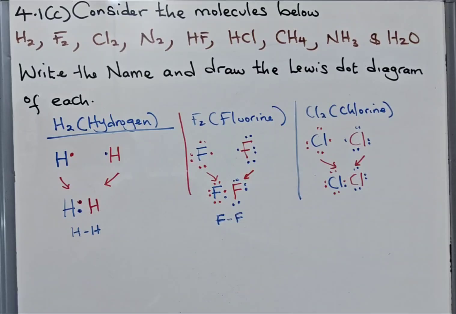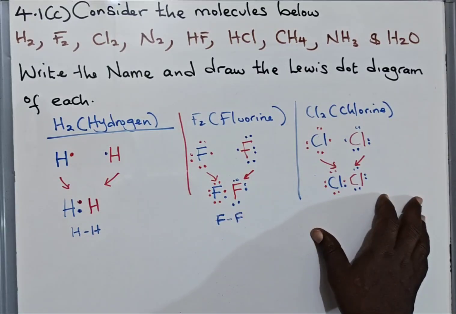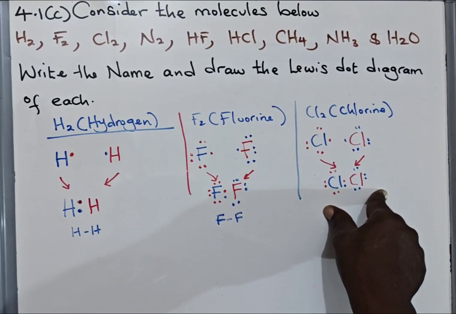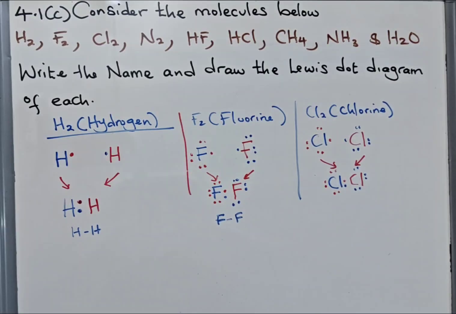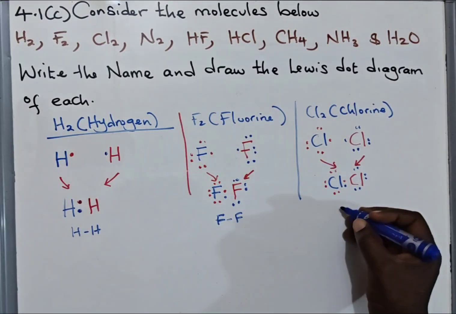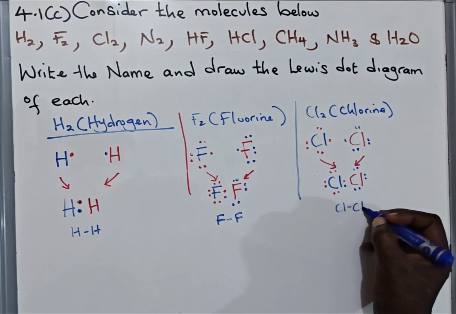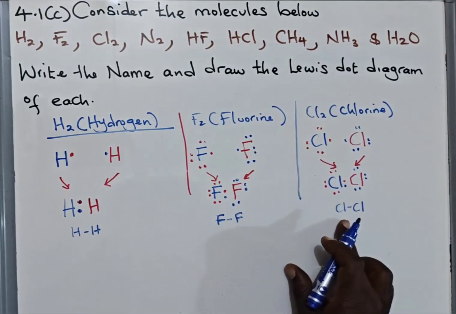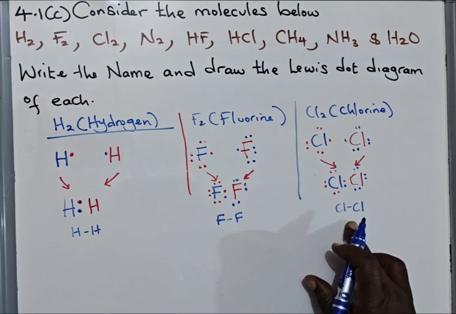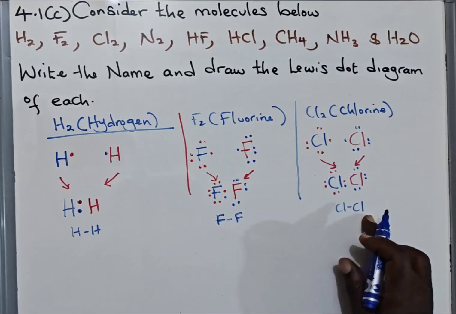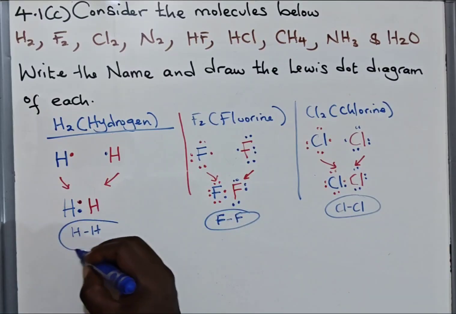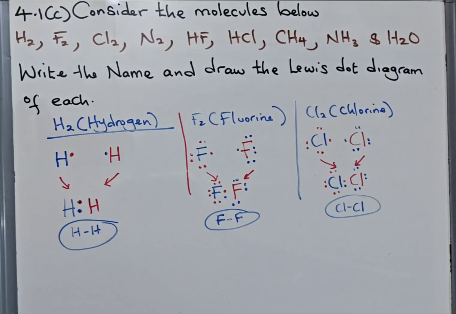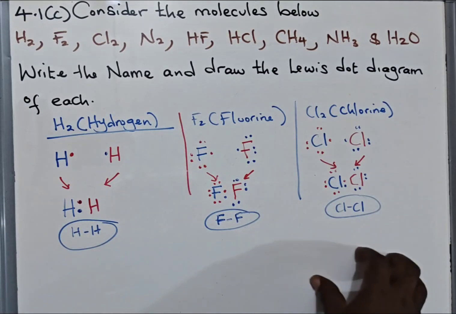So what you have here is the Lewis dot diagram of the chlorine molecule. And structurally, a chlorine molecule is represented by that: one chlorine atom bonded by a single bond to another. So these are the structures of these diagrams.